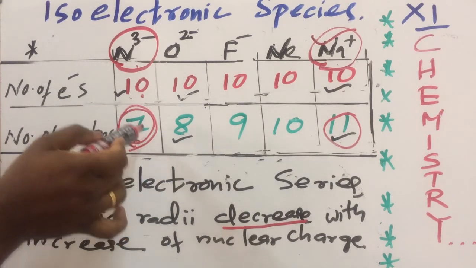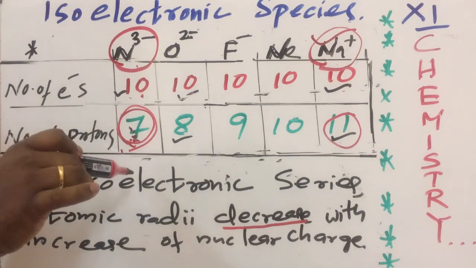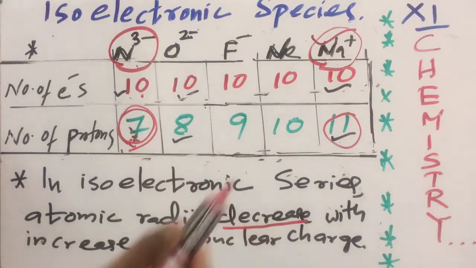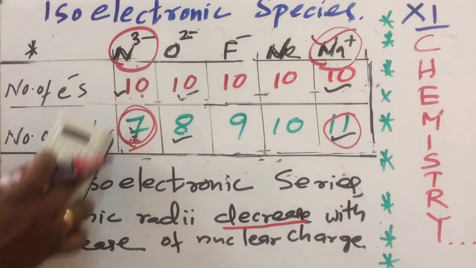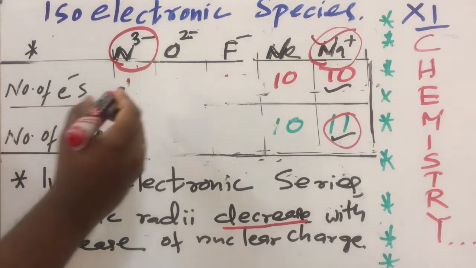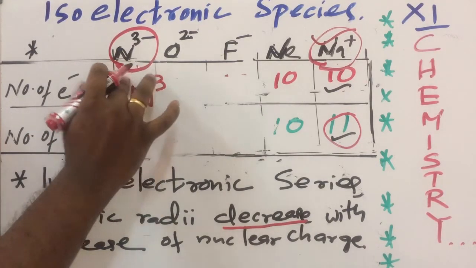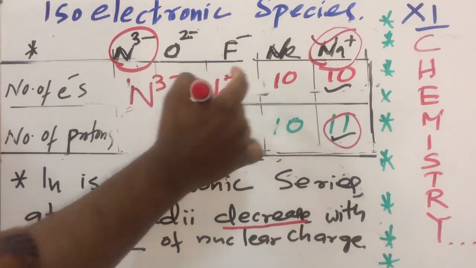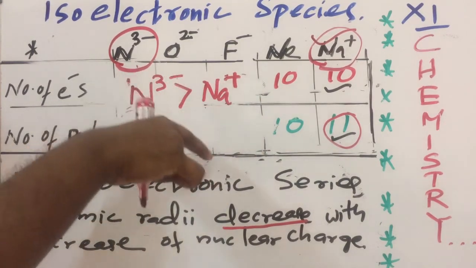So effective nuclear charge is less. If effective nuclear charge is less, atomic size is more. So what is the conclusion? The size of N3 minus is more than Na plus. That is, Na plus has the least atomic size.